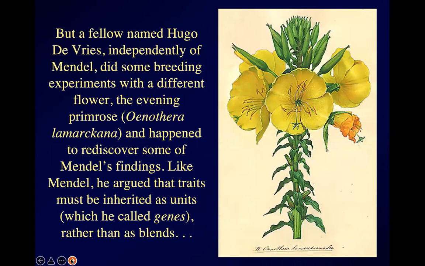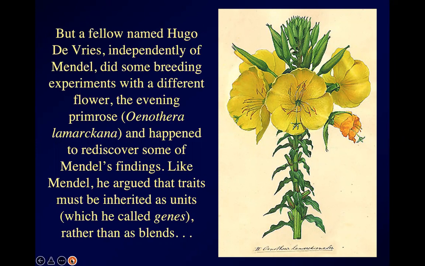A Dutch chap by the name of Hugo de Vries, independently of Mendel, several years later, started doing some breeding experiments with a different flower, the evening primrose, a rather attractive European garden flower. And it just so happened that he rediscovered some of Mendel's findings. Like Mendel, he argued that traits must be inherited as units rather than as blends.